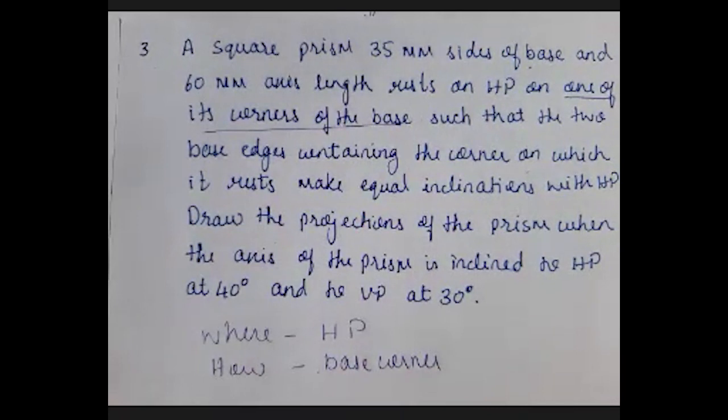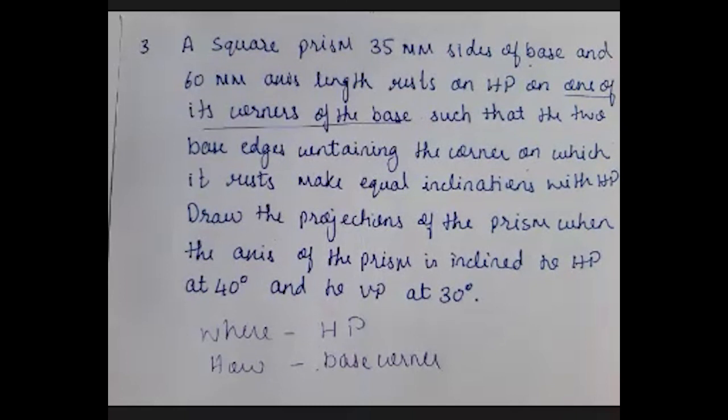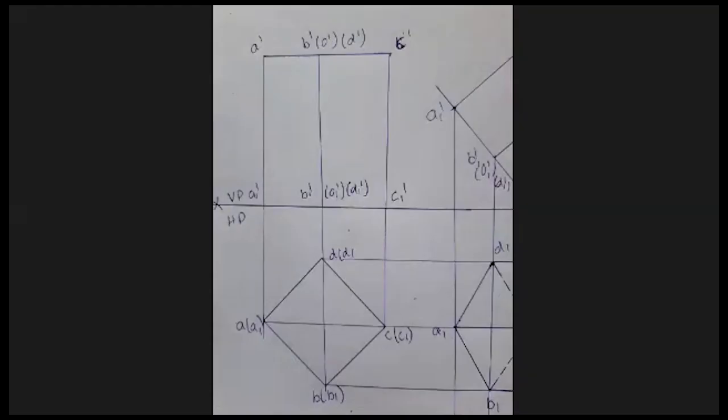So I start drawing my square of 35 mm sides, which is the base side of it, and the axis length is 60 mm. So this is the diagram that I get.